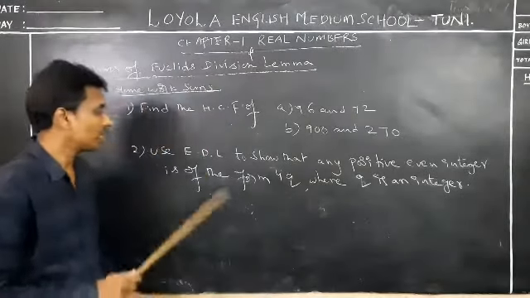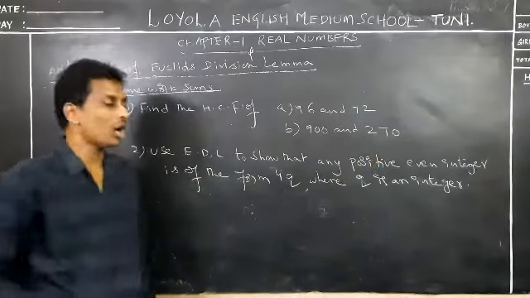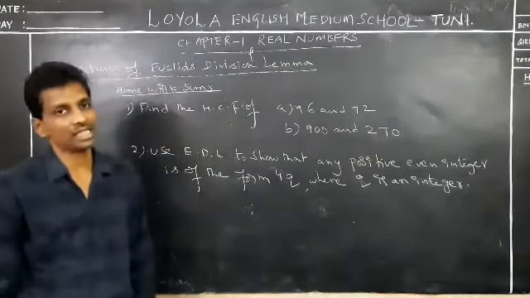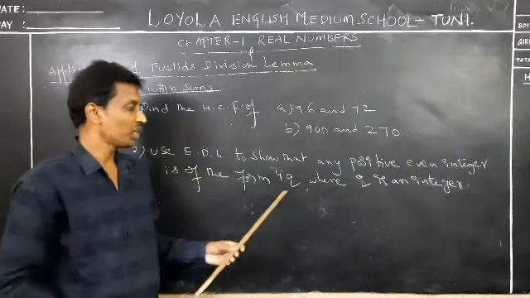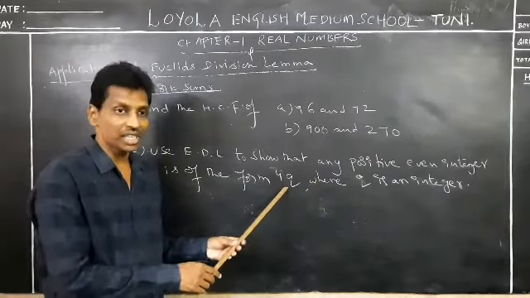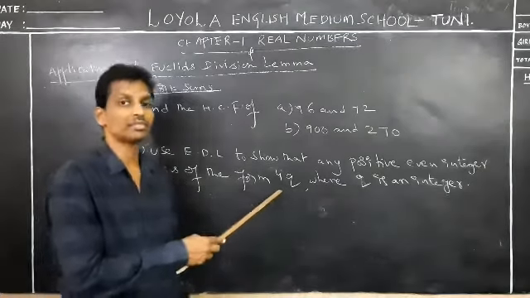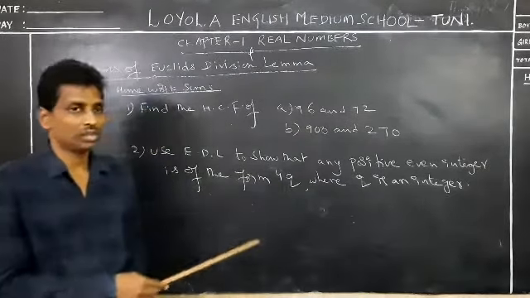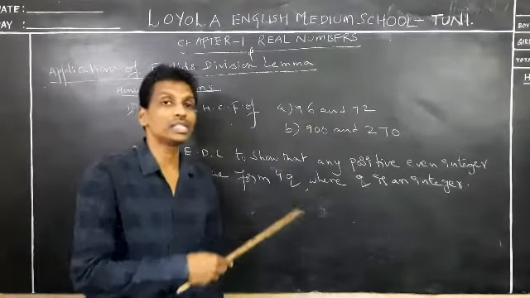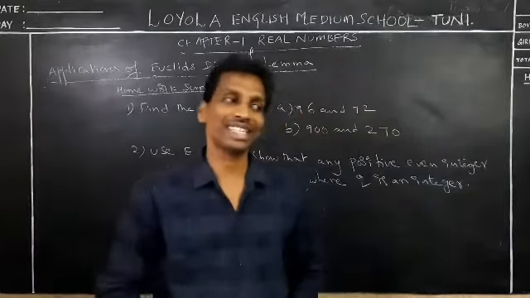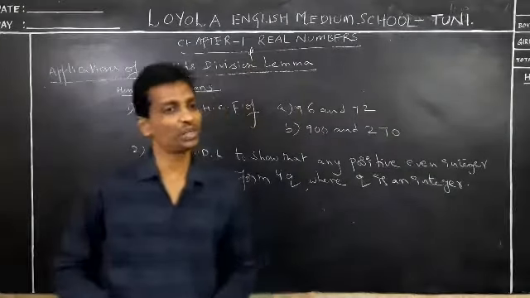Here we are asked to show that the positive even integer is of the form 4q, where q is an integer. So from this condition we came to know the value of b. The b value is nothing but 4. So b value is 4 means we know the possible remainders: 0, 1, 2, 3.